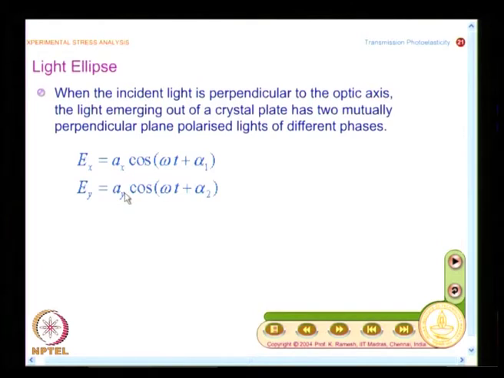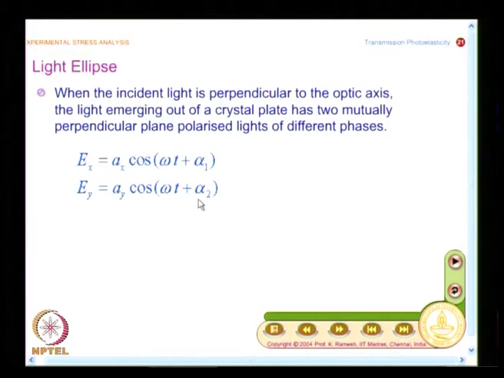We are taking a very generic situation, we keep the amplitudes different, and we also have some absolute phase. A generic representation will also have an absolute phase; alpha 1 can be 0 in a particular case, and you represent the second wave as omega t plus alpha 2.